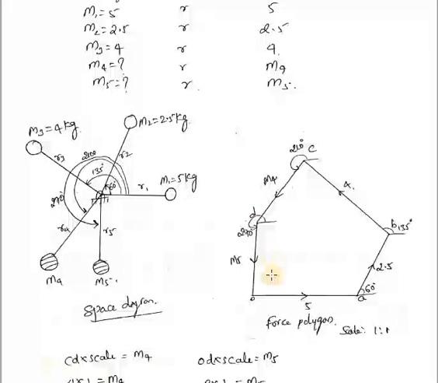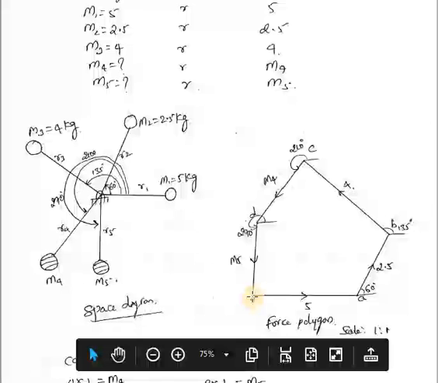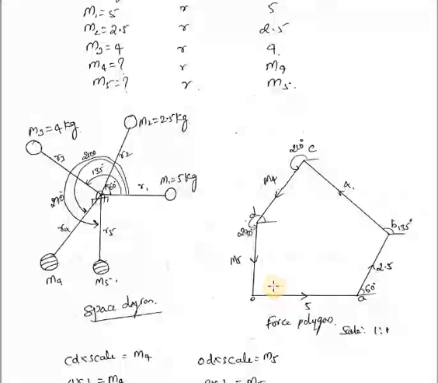So for that we will draw a line from this origin point, and along this horizontal line or horizontal plane, the angle will be 90 degree. Because for M5, he has given the angle with respect to M1 as 270 degree, so 360 minus 270 will be 90 degree.